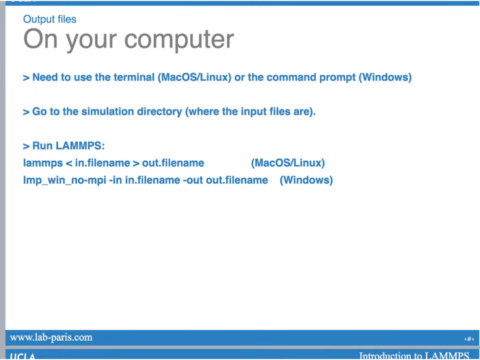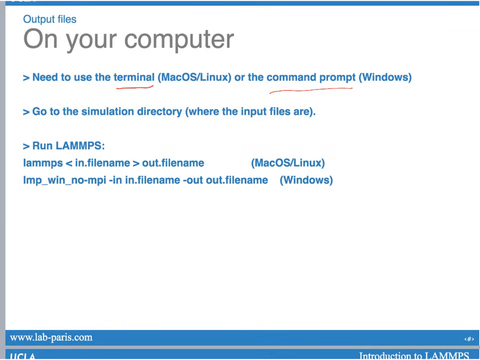For this, LAMMPS doesn't come with any graphical interface, so you will necessarily need to use a command line terminal. If you are using Mac OS, you will have to use the terminal, which is pre-installed on all Macs. And if you are using Windows, you will need to use the command prompt. Then you will need to go to the directory where you want to run the simulation.